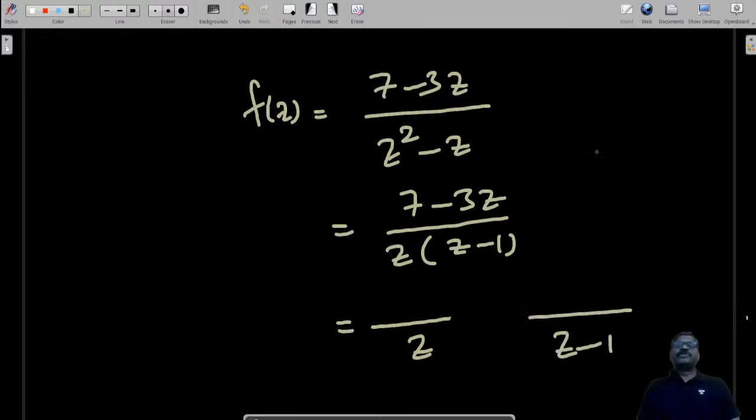When you put z equal to 0, we get 7 by 0 minus 1, that is minus 7. Put z equal to 1, 7 minus 3, 4 by 1, that is plus 4.